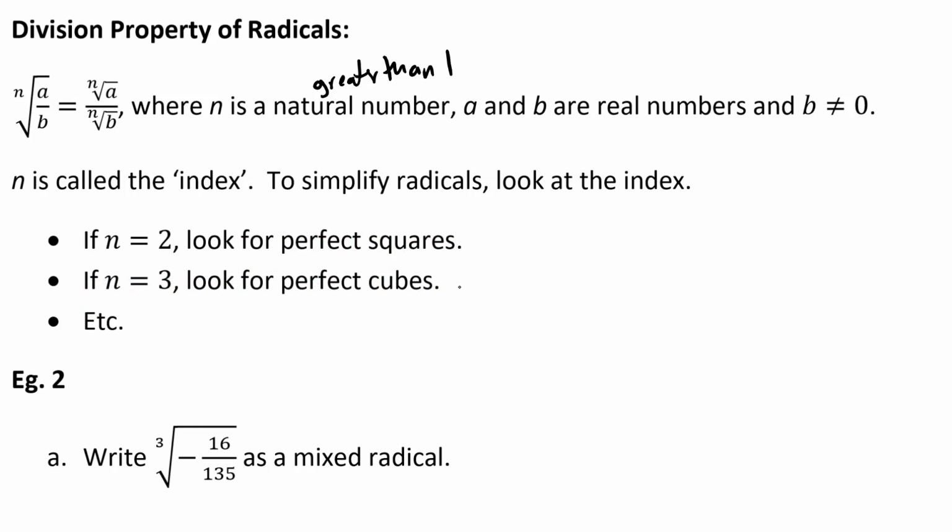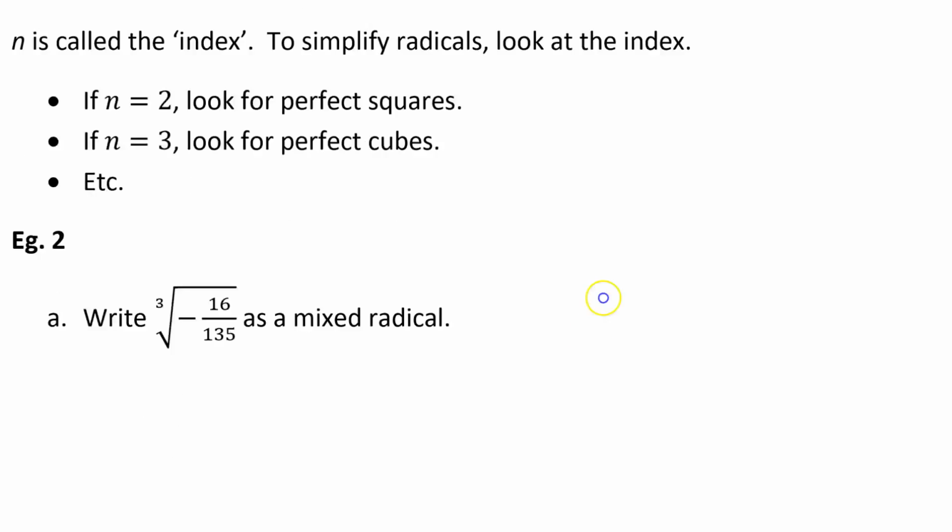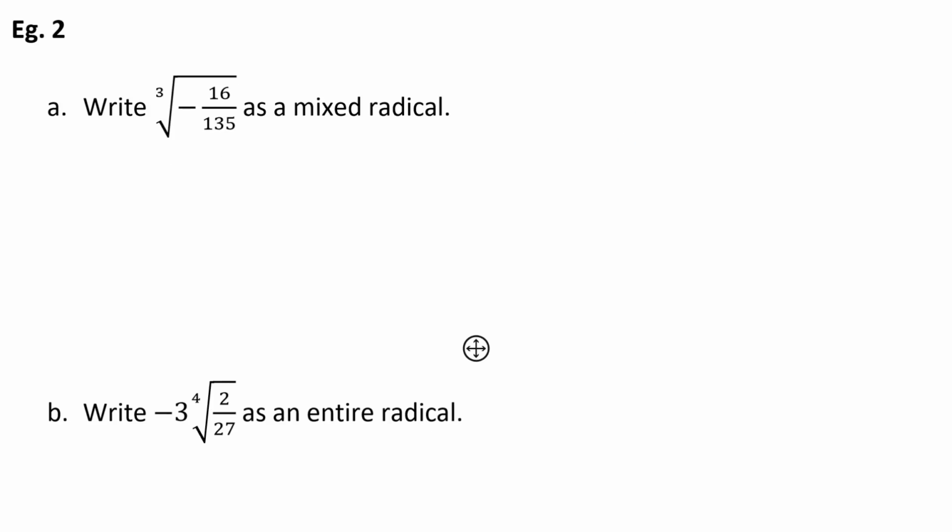Now we did some practice work on this yesterday, so this is just upping the ante a little bit. It's exactly what you did yesterday, but we're going to put some fractions into it. So we want to write this as a mixed radical.